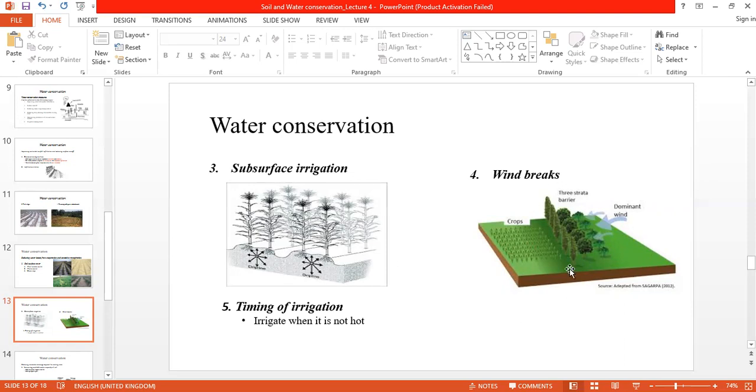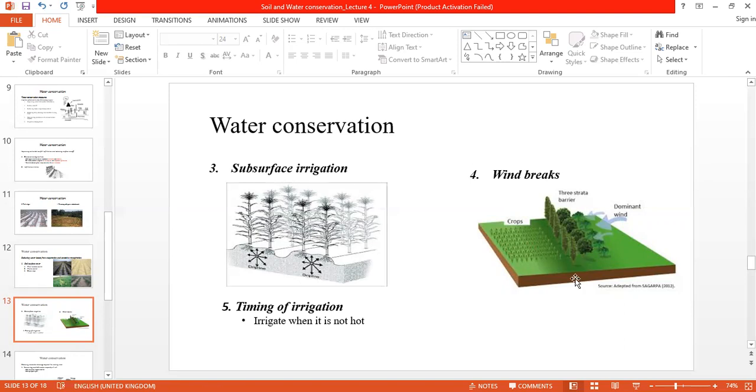Then we can talk of windbreaks. Windbreaks are trees planted in a field to block the wind from accessing your field. They're used in water conservation because remember we said that for evaporation to take place, the concentration of vapor in the soil should be more than in the atmosphere.